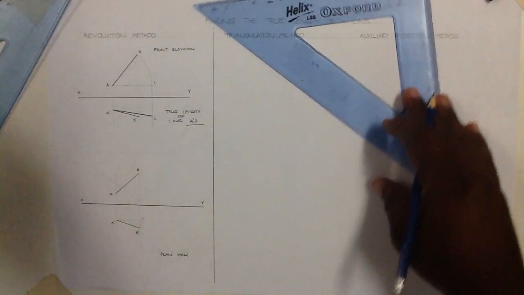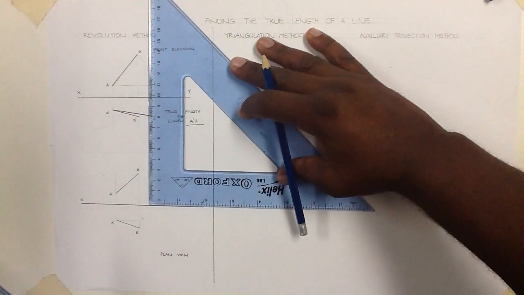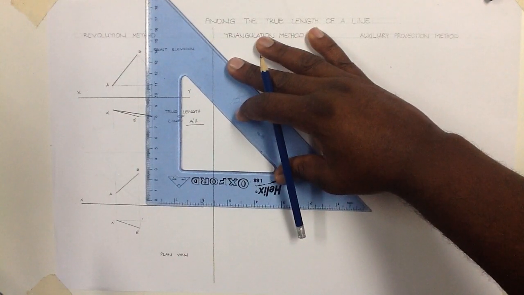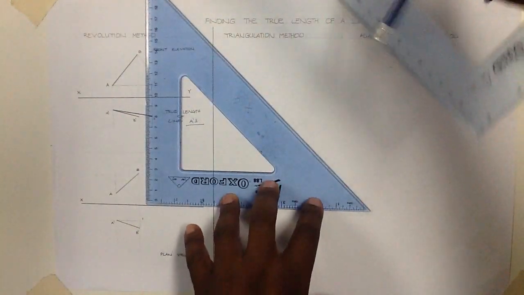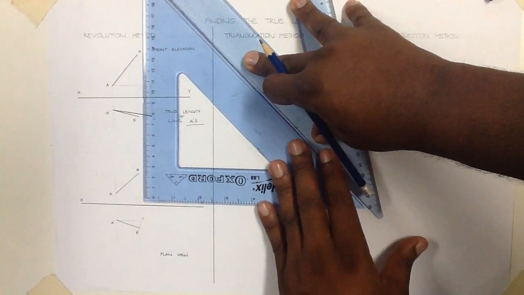Having found point 1, we draw now our vertical line, and this vertical line has to be drawn from point 1.